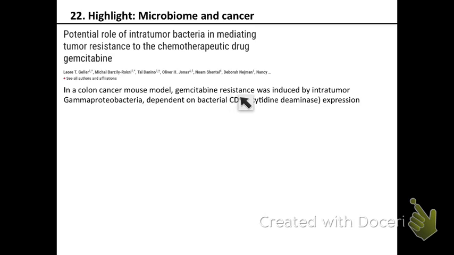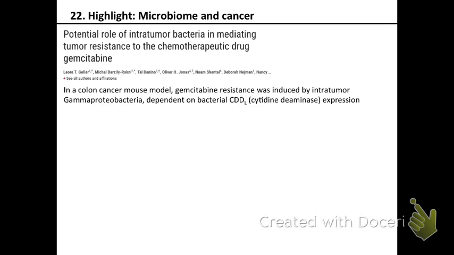And they could not find any genetic cause, but what they found was that in these tumors there was some bacteria of a specific type called gamma proteobacteria. And the correlation was that if that bacteria was expressing the cytidine deaminase, then that made these tumors resistant to gemcitabine.